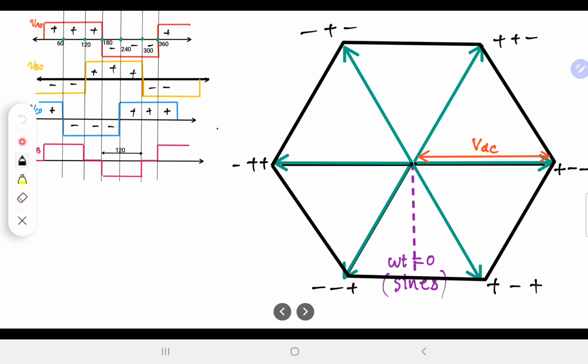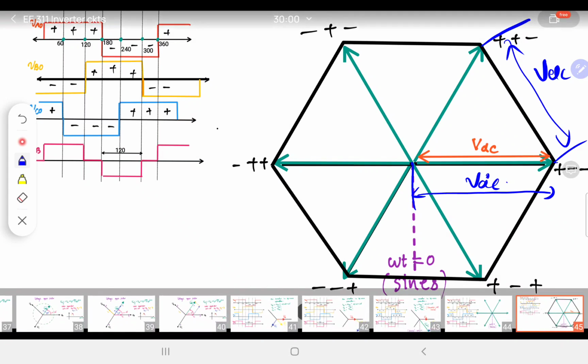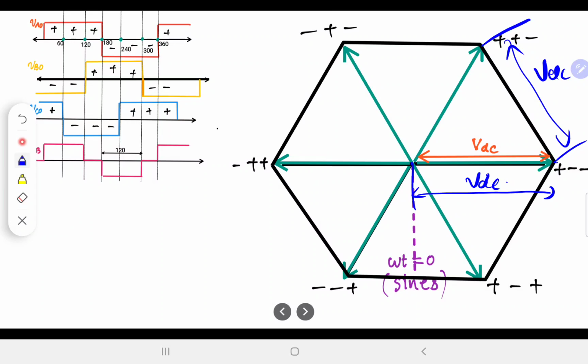Now all of them together we get 6 distinct locations which correspond to that, which will form a hexagon, and the arms of the hexagon, or this one has a length of VDC. This also will have a length of VDC. So this is our hexagonal structure.